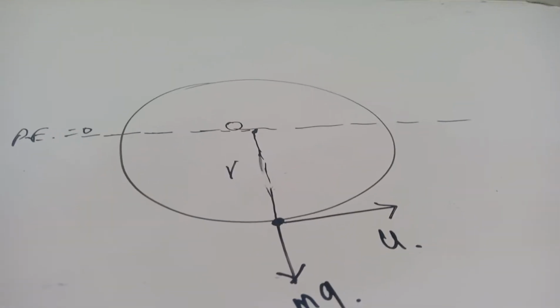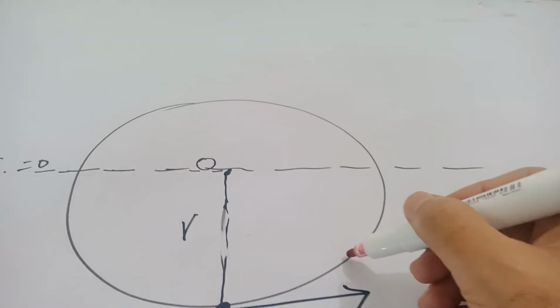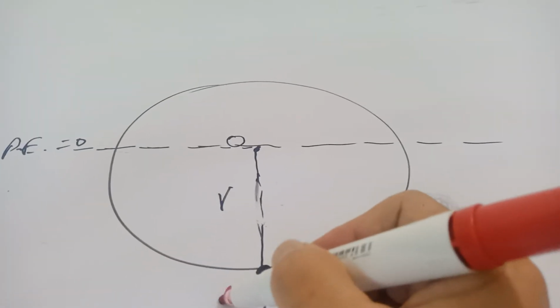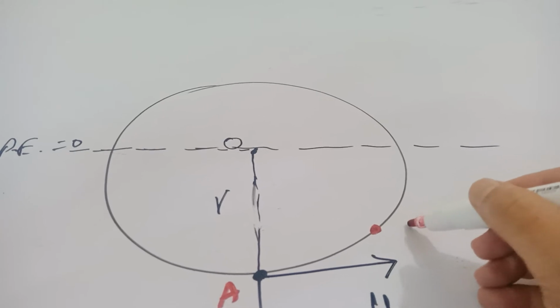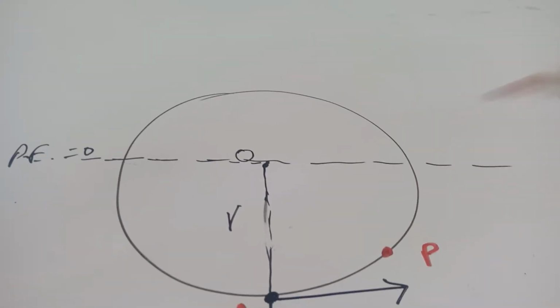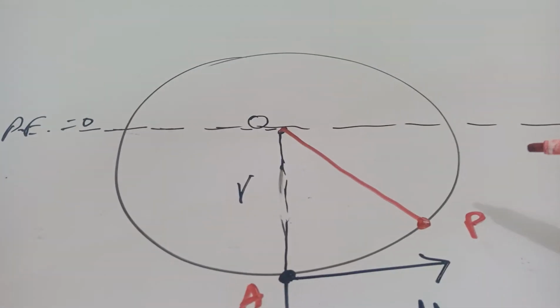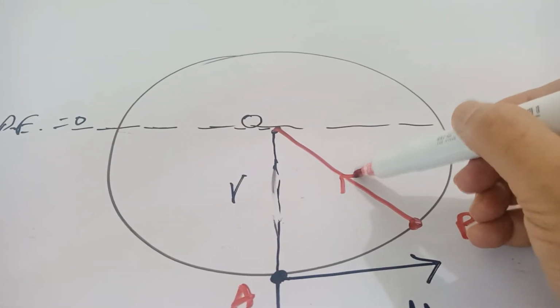Now suppose I take a general position over here. Let me call this position A and this is the position P over here. And here is that string. Now there is a tension T in it.